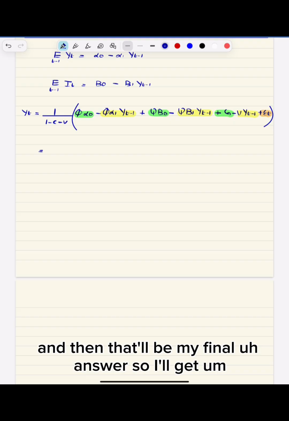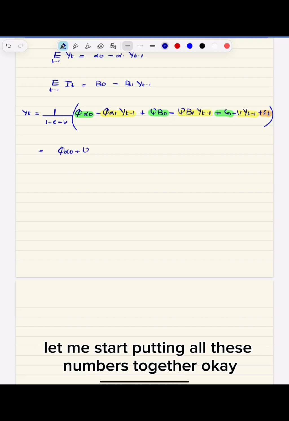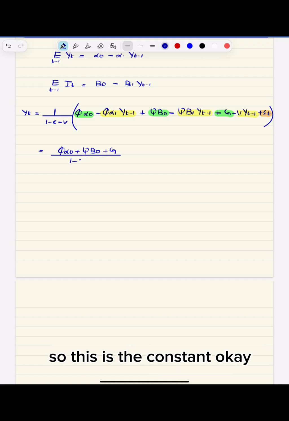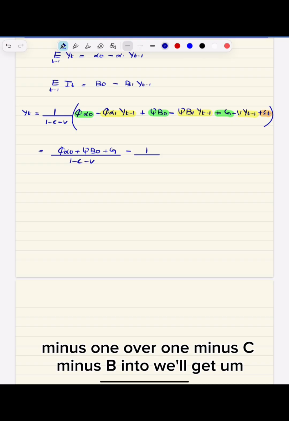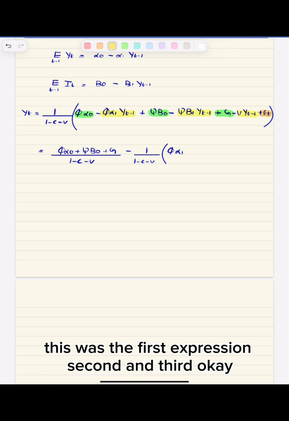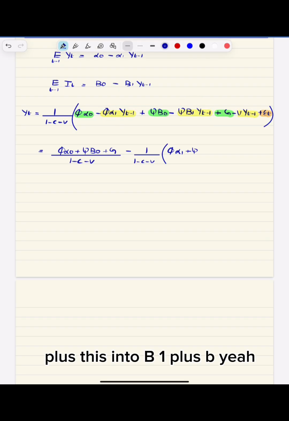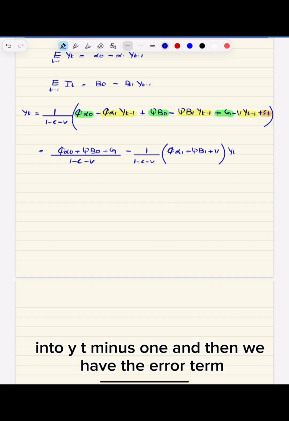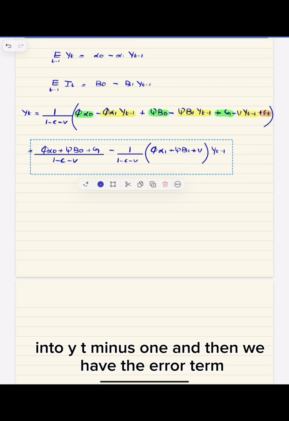So I'll get, let me start putting all these parameters together. Okay, so this is the constant, minus 1 over 1 minus c minus v into, we'll get, okay, this was the first expression, second and third, plus this into b1 plus v, yeah, into yt minus 1, and then we have the error term.